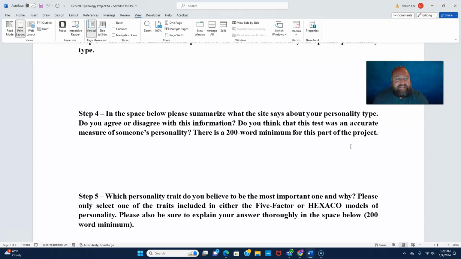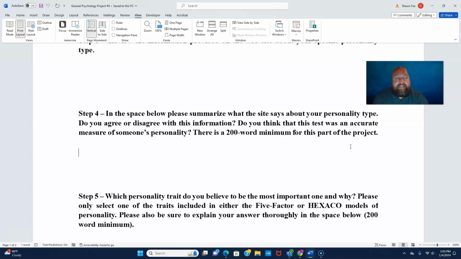What's interesting is the exact opposite type of personality, INFJ, is the one that, according to the website, is best suited for counseling, for psychology, and for teaching. So put another way, according to this website, I have the absolutely wrong personality to do the jobs I do now. I disagree with that. So that would be something I disagree with.